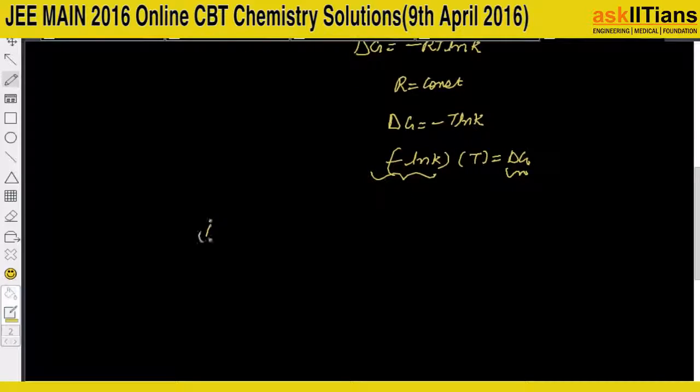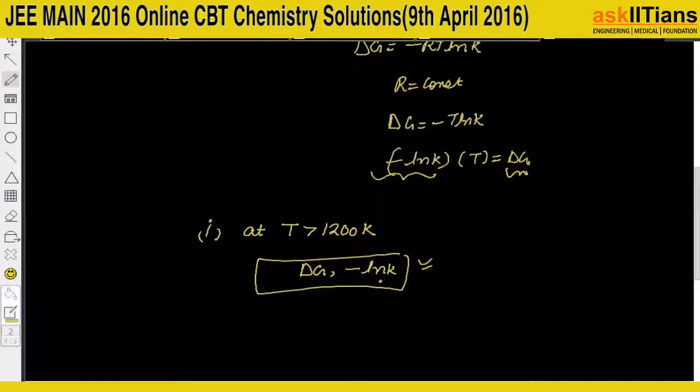Now the first option says that at temperature greater than 1200 Kelvin, delta G and minus ln K are proportional. This is what we have to keep in mind. Now it says that when temperature is greater than 1200 Kelvin, minus ln K for carbon to form carbon monoxide is greater than minus ln K for M to form MO.